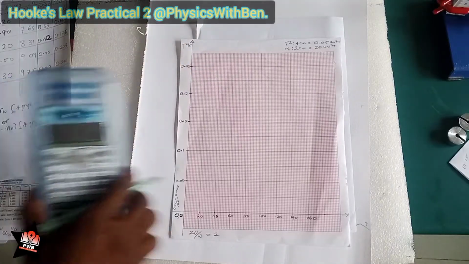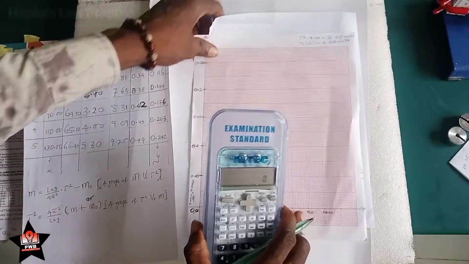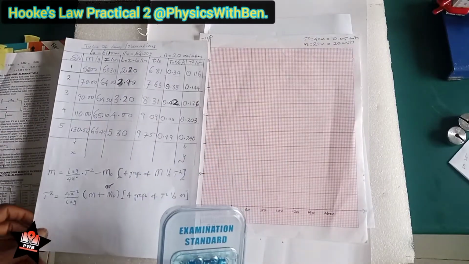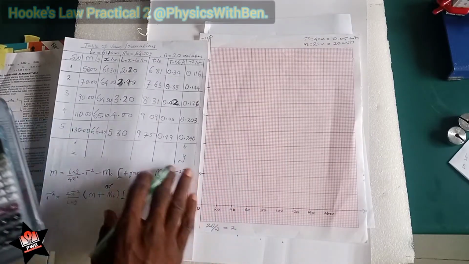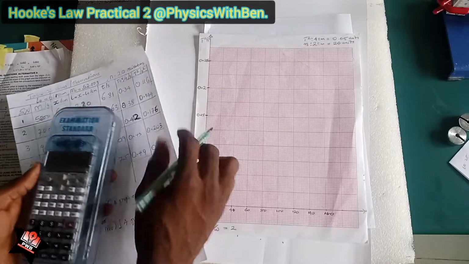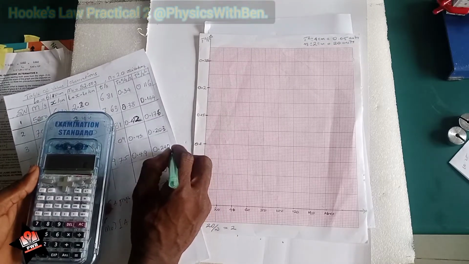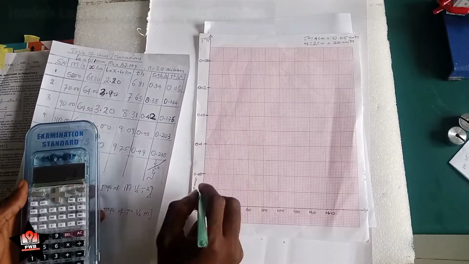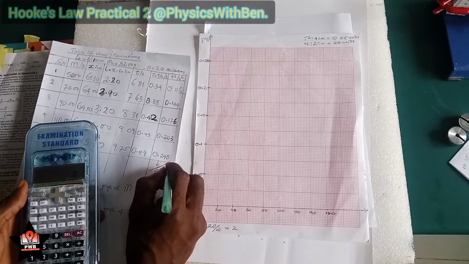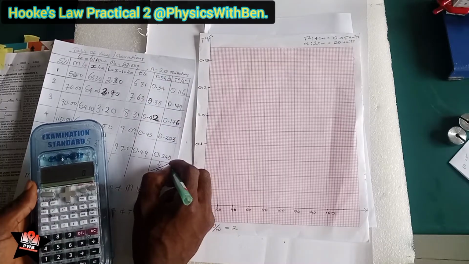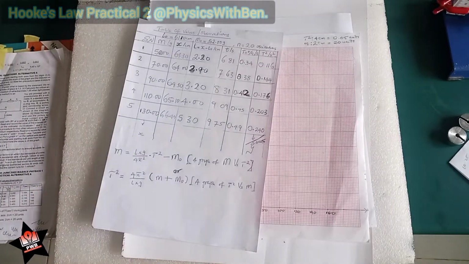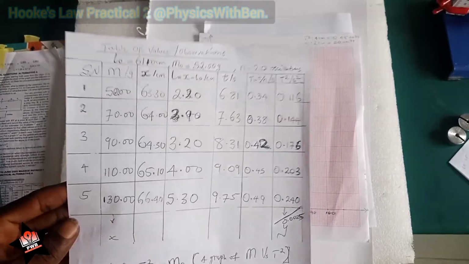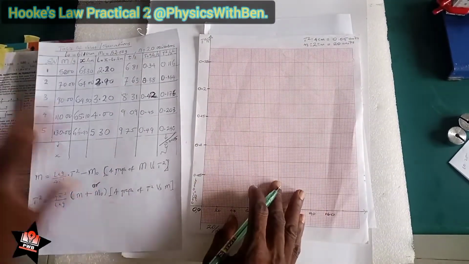So at this point, we plot our graph. I'm going to plot the first one, and then we are going to fast forward this video. So for the decimal values, we divide everything here by 0.0025 to get the value for each small box. Good. So let's plot the first value together.